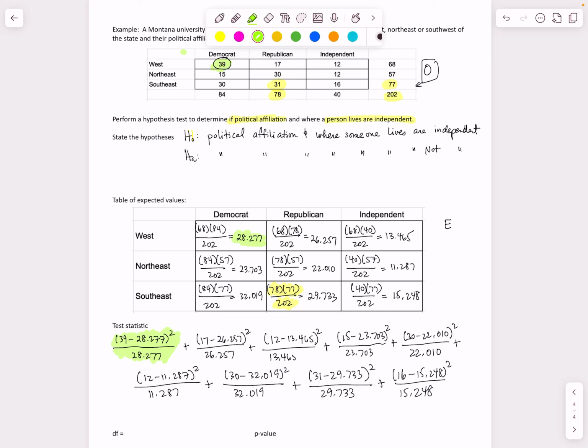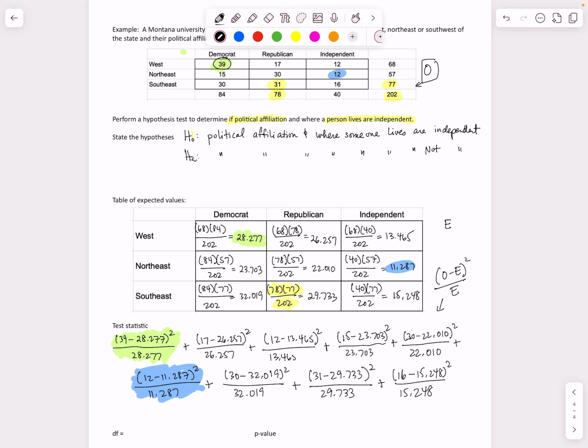So let's go this blue one. This one right here, this 12, this 11, that was this one right here. So I have to do every pair of boxes. There's 9 pairs, I've got to do that. These are the observed minus the expected squared over the expecteds, and I was adding them all up.